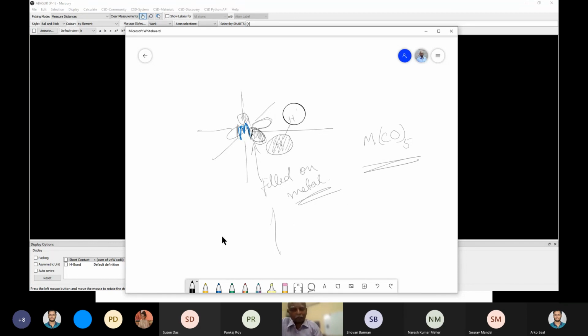So the sigma orbital will be the one which is dx squared minus y squared, mixed with, of course, others. So this is the empty orbital, and the hydrogen is lying in this, right? So this is the filled orbital in this case. Thank you.